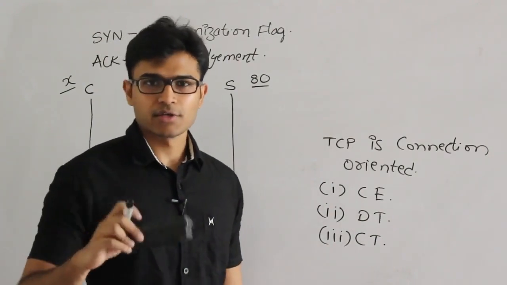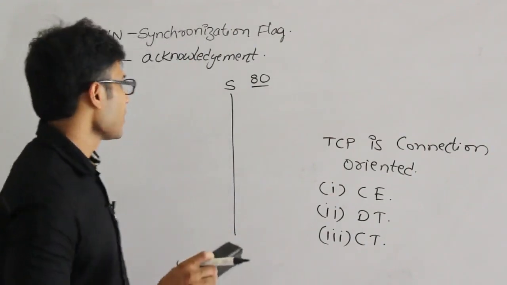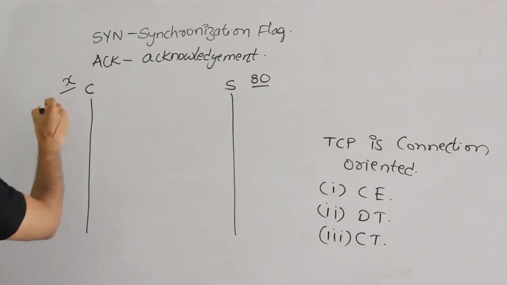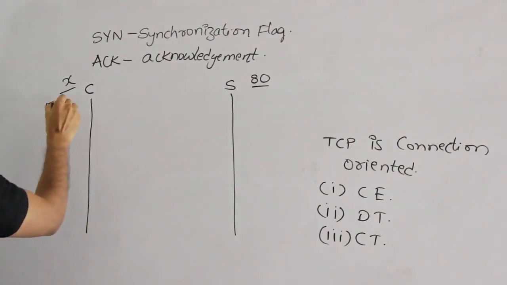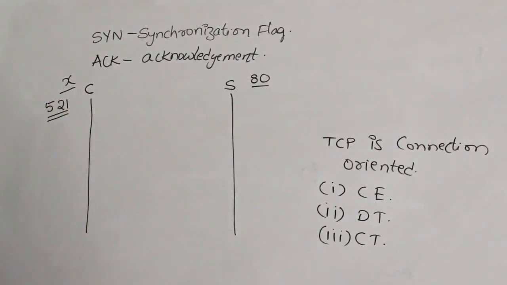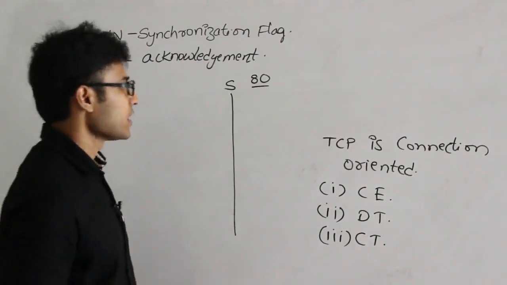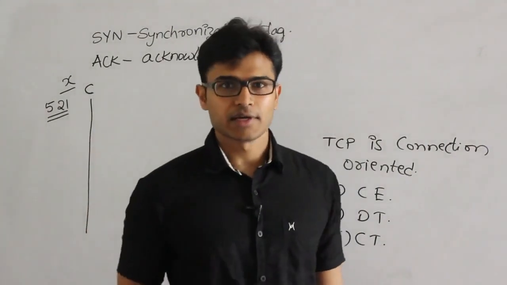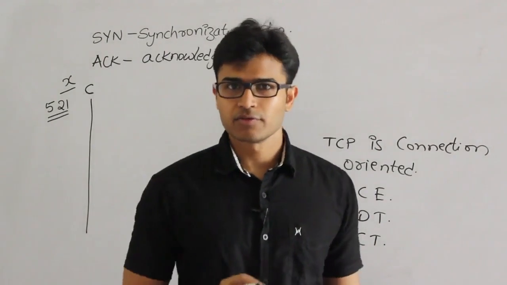How that procedure is used, we shall see later. For now, assume that the client has chosen a random initial sequence number 521, which means from the client side, it is going to start the communication with sequence number 521. The server doesn't know that someone is going to contact it, so it will not do anything as of now.